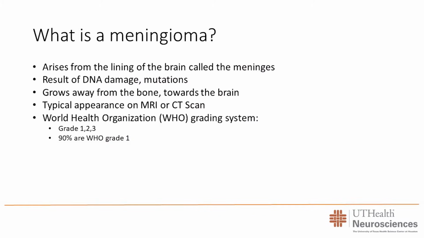So what is a meningioma? A meningioma arises from the lining of the brain, that is the meninges. There's a specific type of cell within those meninges that gives rise to the meningioma, but we don't need to go into that level of detail. All tumors or growths, what we call neoplasms, arise because cells grow continuously and don't stop.